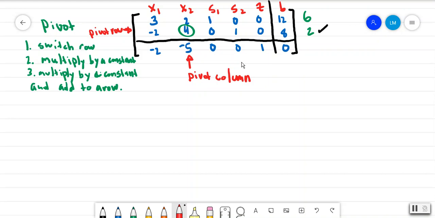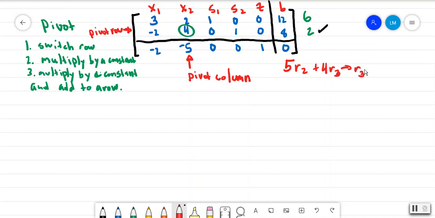To do that, we think about what we can multiply this row by, and then this row, so that it cancels out. What we can do here is multiply by 5 for row 2, and multiply by 4 for row 3, and we're going to make that a new row 3.